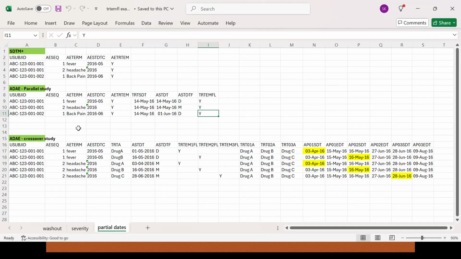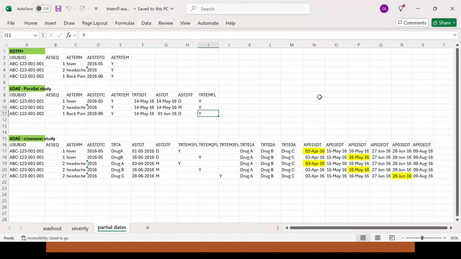So to understand that the adverse event which is happening falls under which period and hence is related to which study drug, we will have to consider all these start dates while deriving the treatment flag.